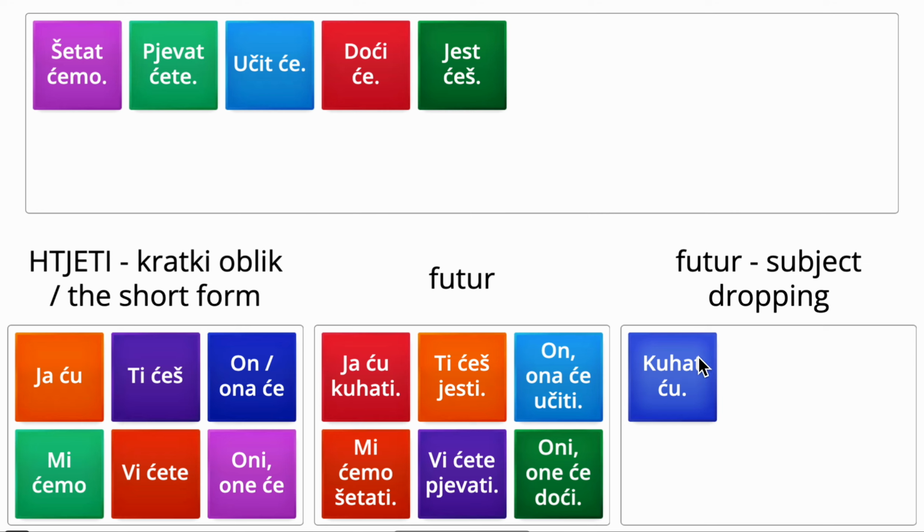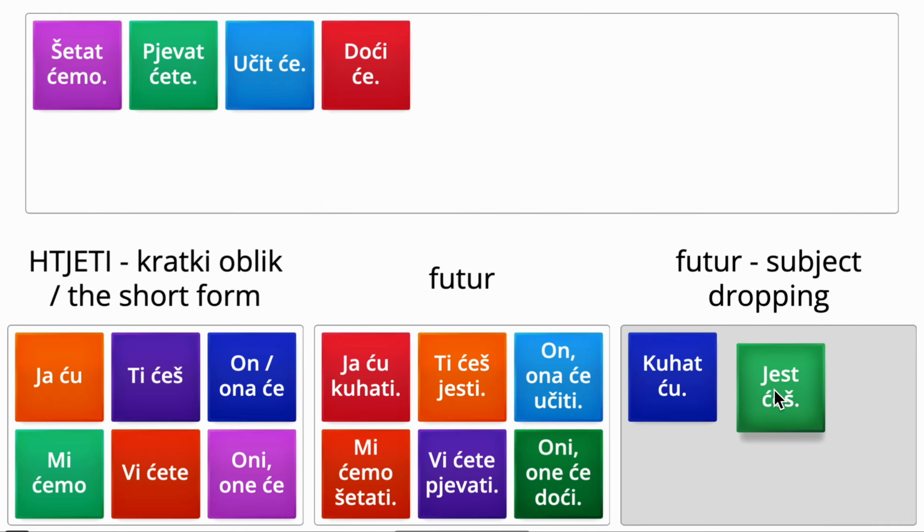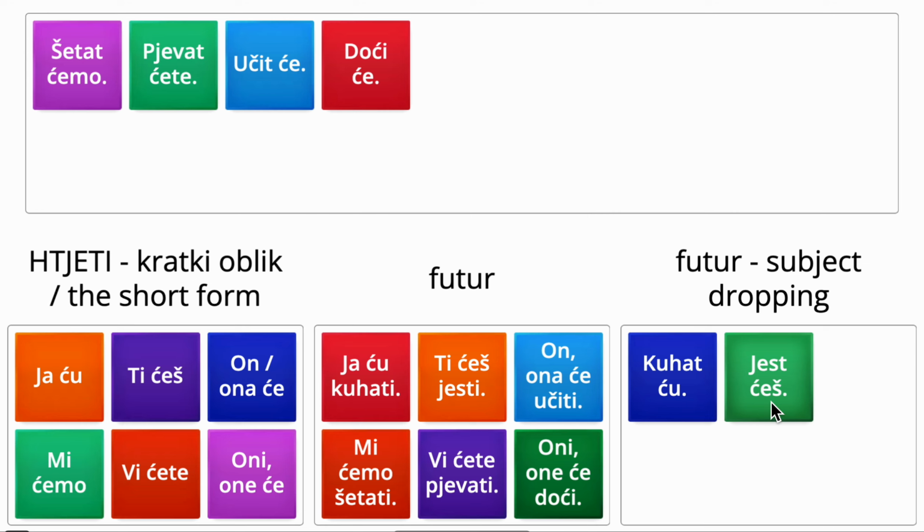The way we pronounce this is as one single word, and you don't even hear T. So this really sounds like kuhat ću as one single word, kuhat ću. Or jest ćeš. So silent T, dropping I, and then ćeš.